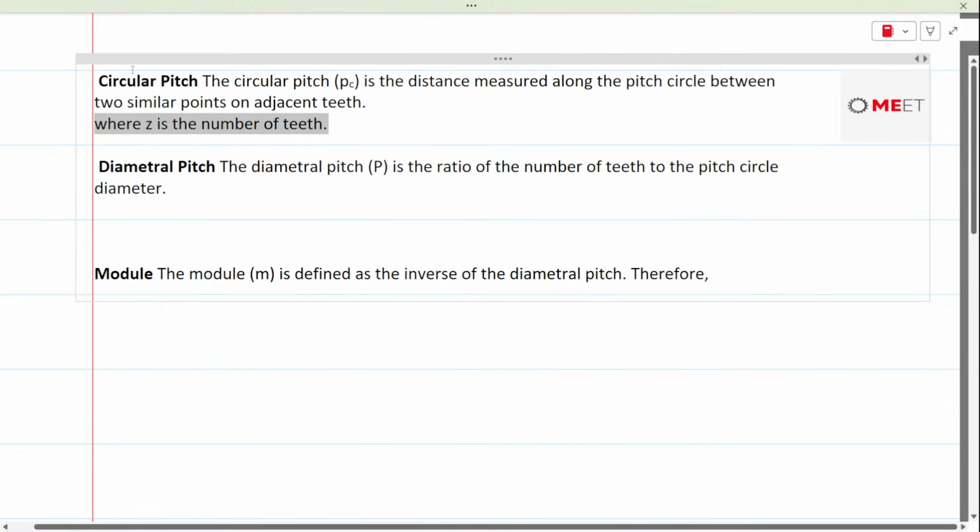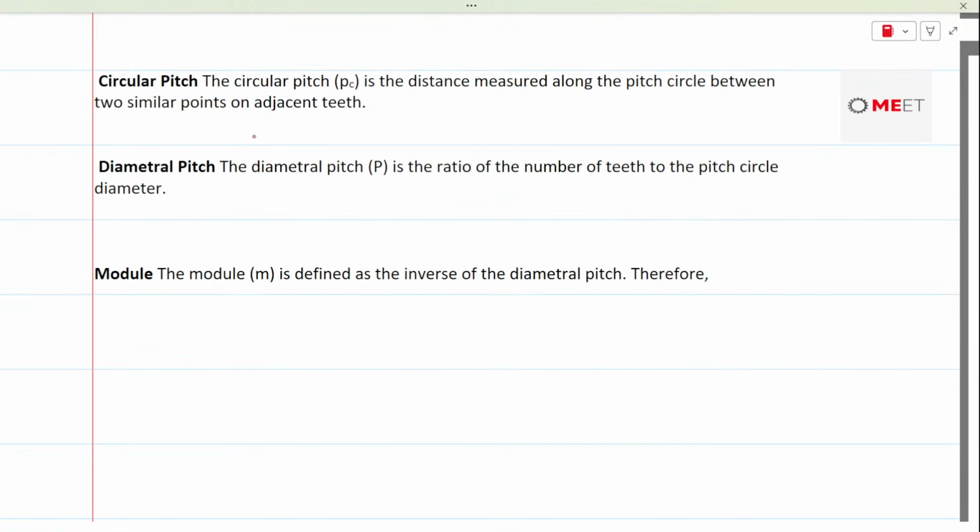Circular pitch is given by P subscript C. And diametrical pitch, which is specially used in the FPS system, is the number of teeth per inch of diameter, that is P subscript D is equal to T by D, where T is the number of teeth and D is the pitch circle diameter.